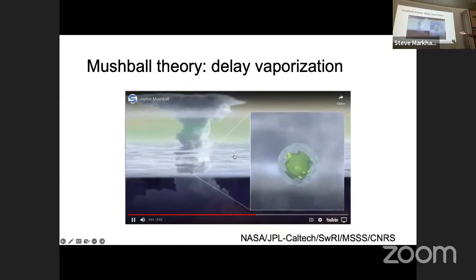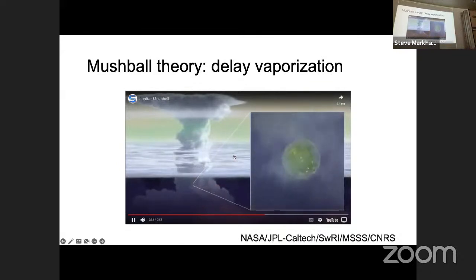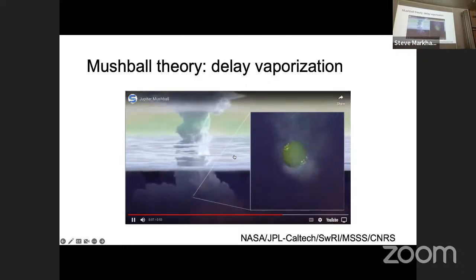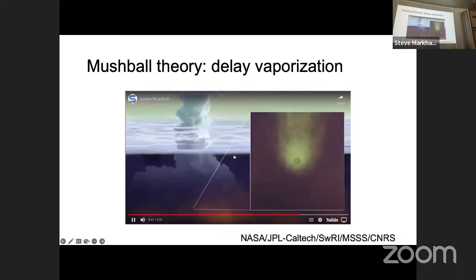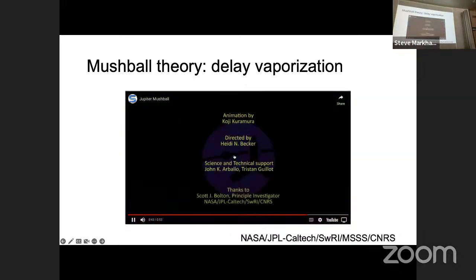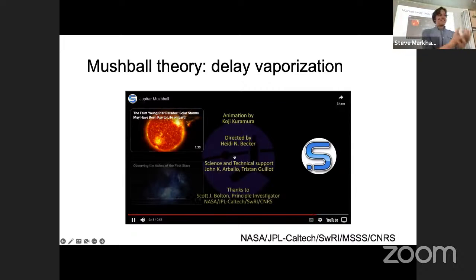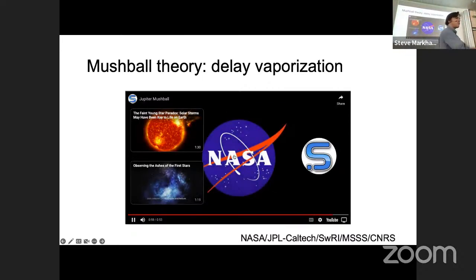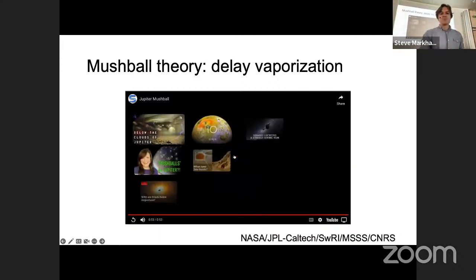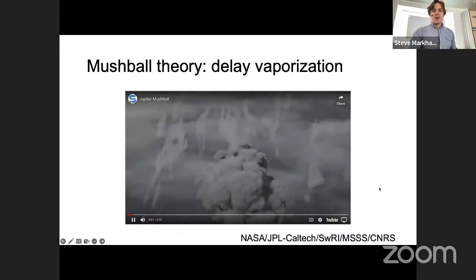Now, as it continues to fall below the water cloud level, the water will start vaporizing off of the top, but protecting the ammonia on the inside before eventually the ammonia vaporizes. And then, as the assumption goes, now that it's vapor, it'll now mix with its environment. And the idea is that these thick hailstone-like particles are able to fall through these 100-kilometer distances without efficiently mixing with their environment because they are not vaporizing.